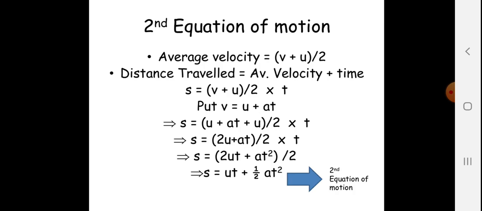Now here remember 2 is in the division, so the 2 gets cancelled with the first operation, but in the second operation it becomes 1/2 at square. So s, that is the distance traveled, is equal to ut plus 1/2 at square, the second equation of motion. Kindly write it down 2 to 3 times and memorize it.